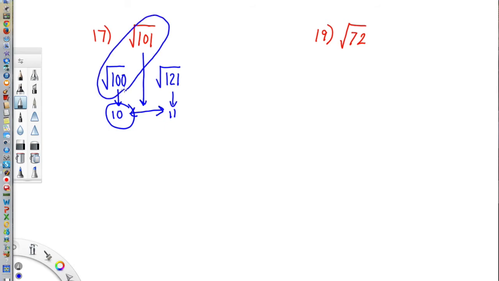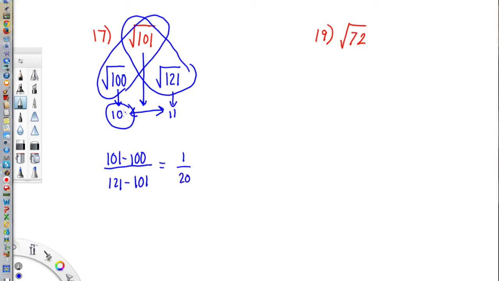So the first step to find our something, our decimal part of the answer, our fractional part of the answer, is to take the difference between our first two squares, 101 and 100, and divide that by the difference between our second two square roots, which would be 121 minus 101. And I'm going to get 1/20. Technically, my answer, my exact answer, the square root of 101 is 10 and 1/20.